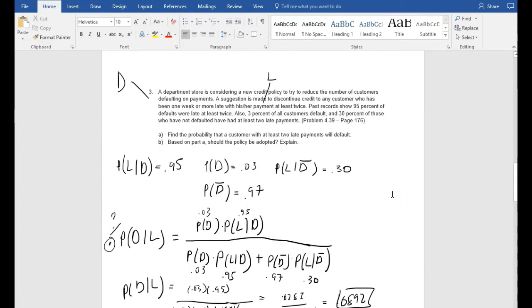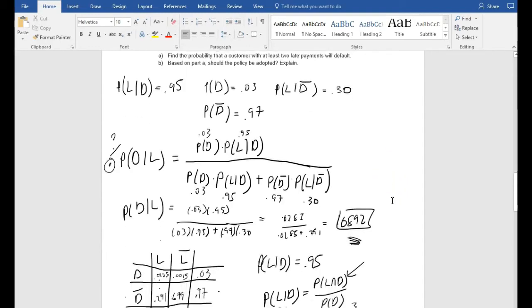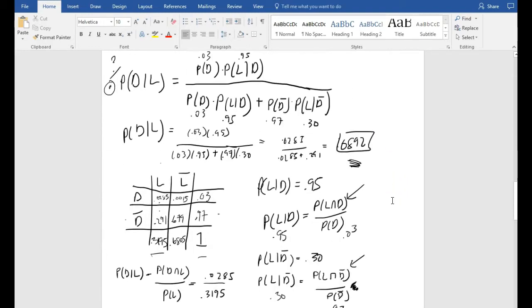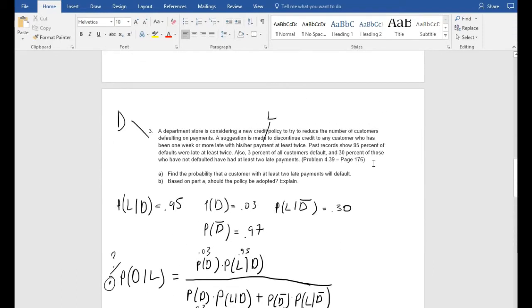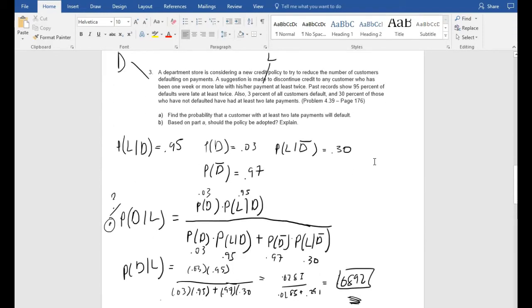So we come up here, based on part A, should the policy be adopted? I would say yes, the policy should be adopted because the probability of D given L is 0.092, almost 9%. That's greater than the probability of D, which is 0.03.